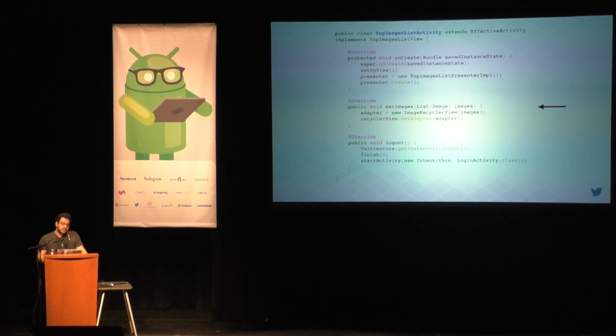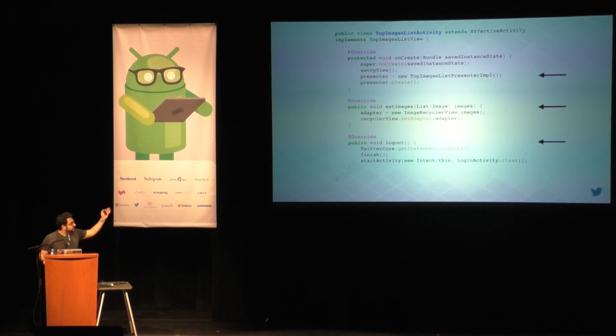Think about it, if we decided, for example, not to use the most retweeted pictures, but we want to use the most favorite pictures, most liked pictures, and we change that, then nothing is going to change in the view, because the images are still the same. What is going to change is the model, and we'll see that later.